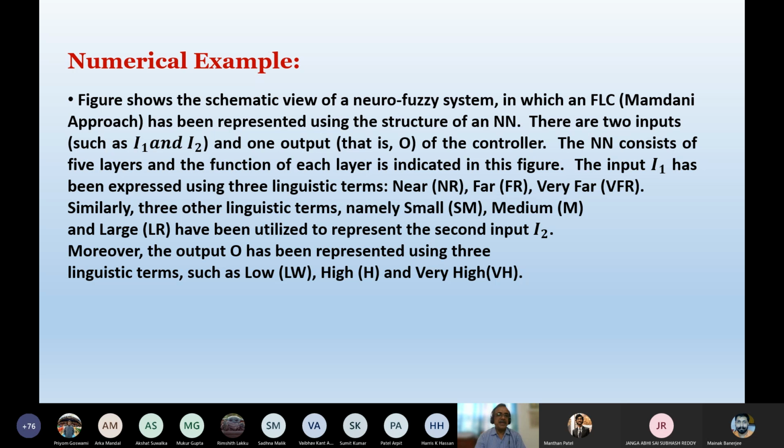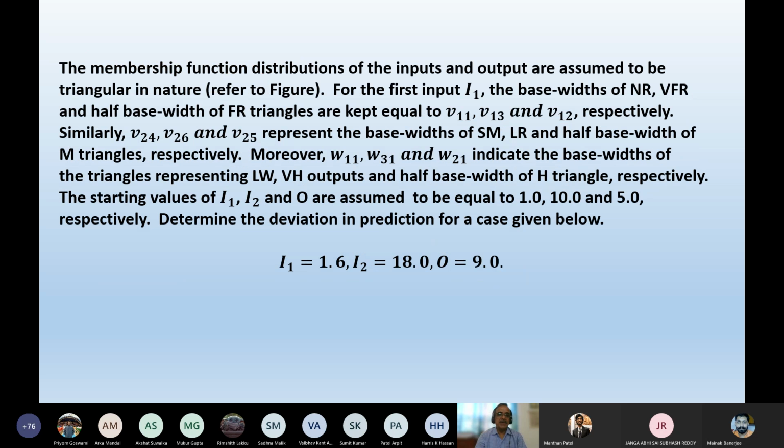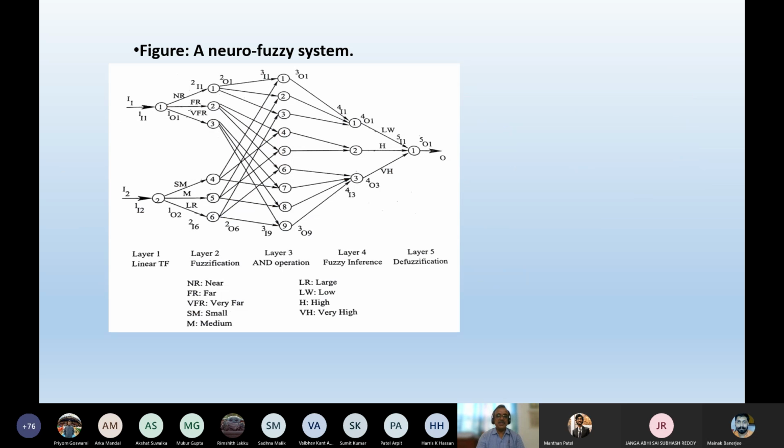Now I'm going to show you the figure corresponding to that numerical example. Once again, I'm very sorry, you may face a little difficulty reading this figure. It is too small. There are two inputs, I1 and I2.